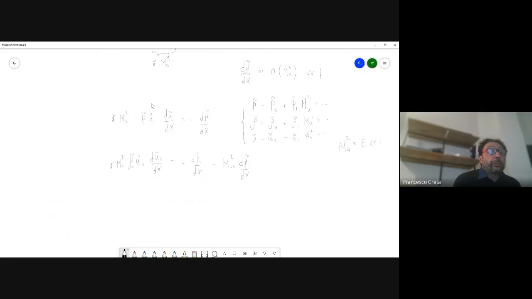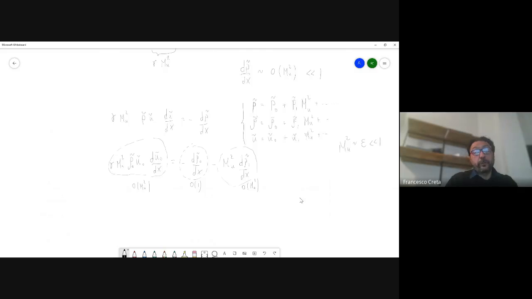Now, what we usually do here is you look at this equation and you realize that there is an order one term, whereas these are all order Mach squared, okay? You see that there is a Mach squared here and a Mach squared here. So essentially you have order epsilon here and here and order 1.